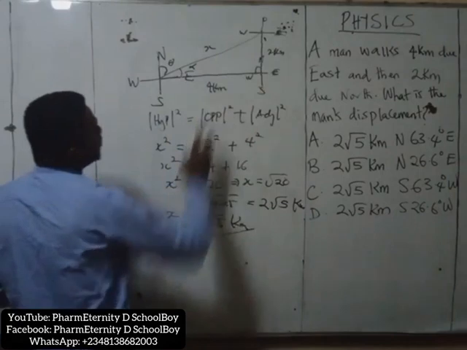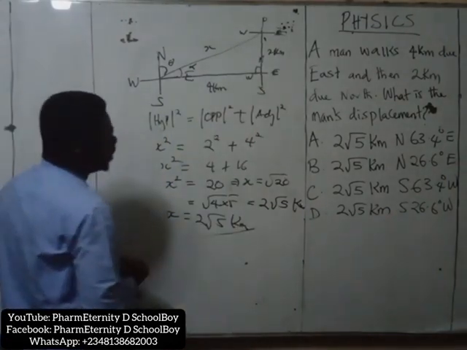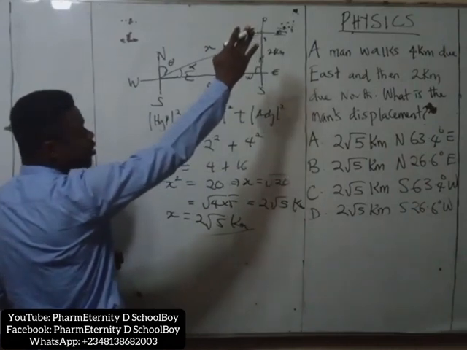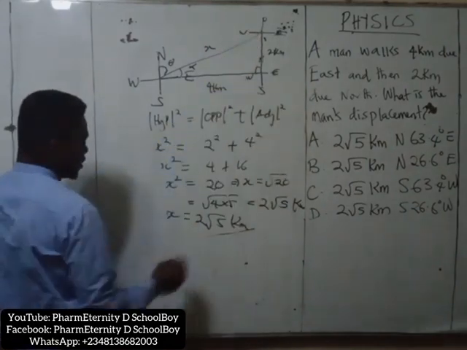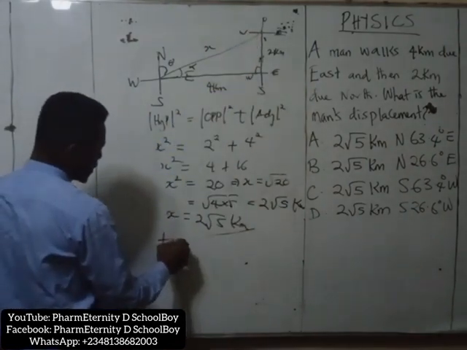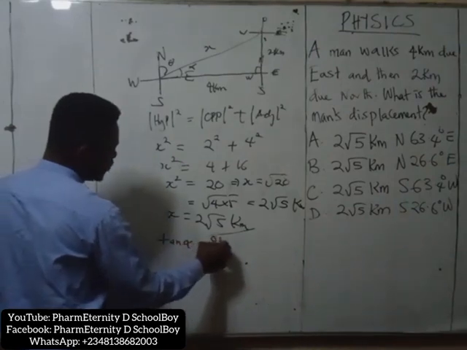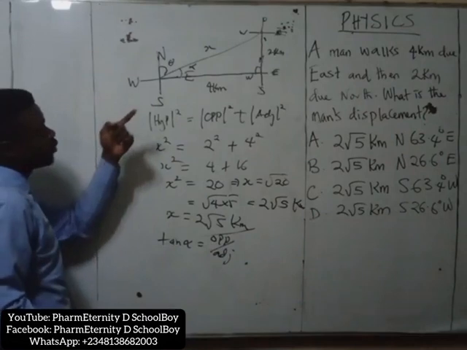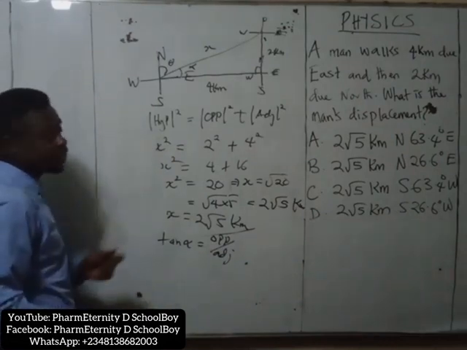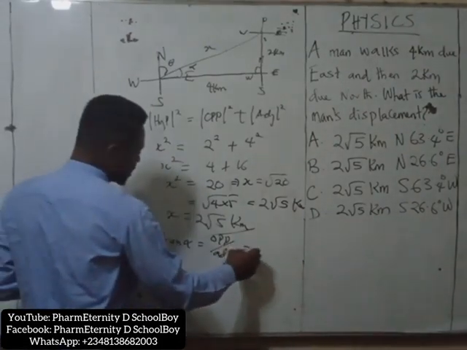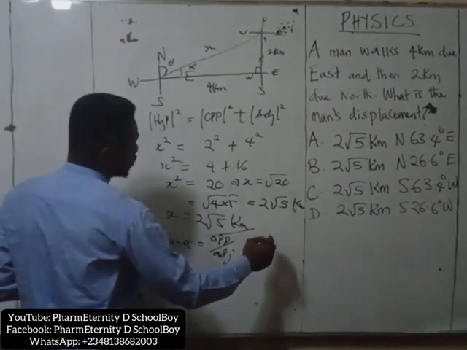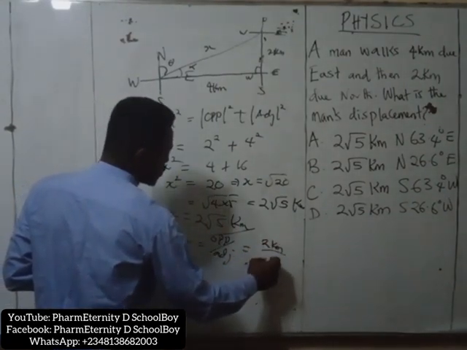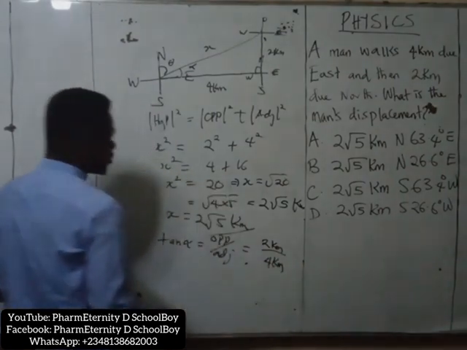So angle alpha, from this diagram, tan alpha is opposite over adjacent. Remember, our opposite is 2 kilometers, our adjacent is 4 kilometers, which implies that tan alpha is 2 kilometers over 4 kilometers.